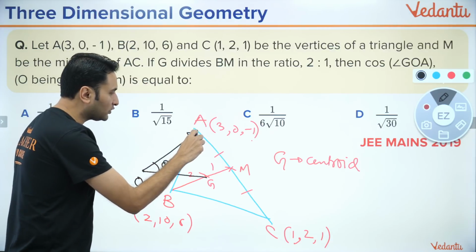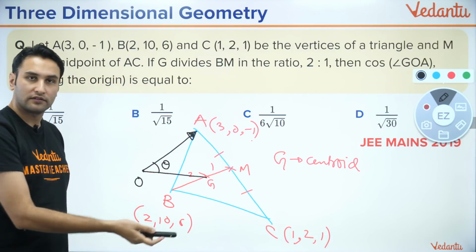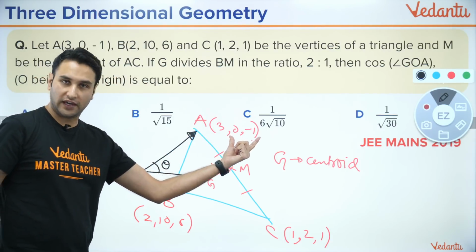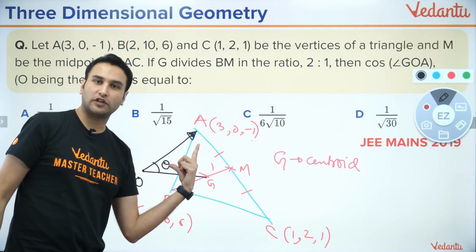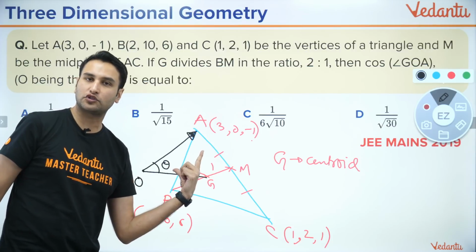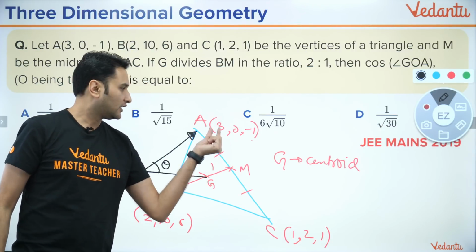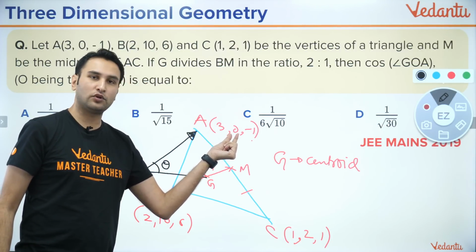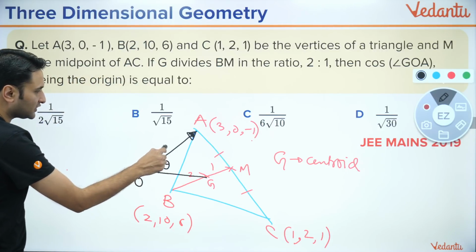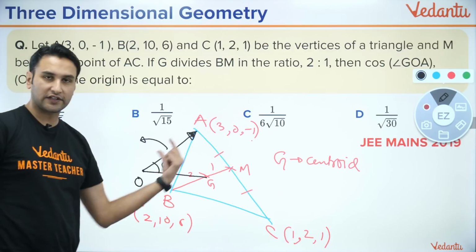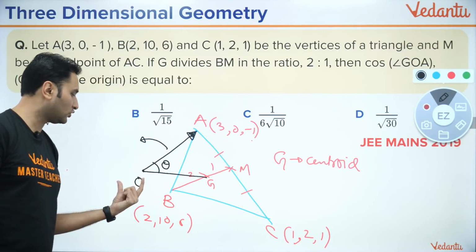Can you find out the vector OA? Because you know A, origin is 0, 0, 0. Can you find out the vector OA? क्या हो जाएगा बच्चों? Vector OA is 3i cap 0j cap minus k cap. Yes or no? So what is this vector बच्चों? You know this point, you know this point.